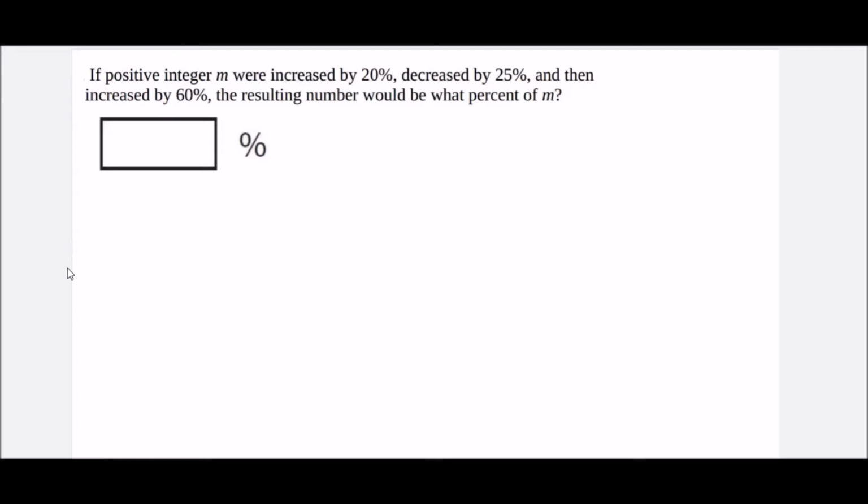So we have to find out the resulting number by first increasing, right? Then decreasing by 25% and then increasing by 60%. We have to use the formula I previously mentioned in the previous question. First we will consider the first two conditions only: increase by 20% and then decrease by 25%.